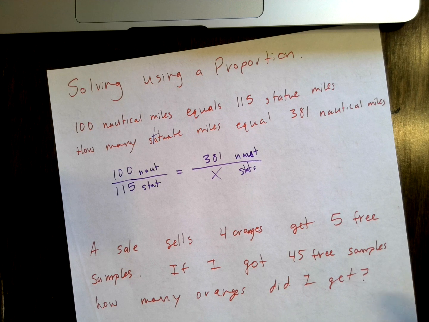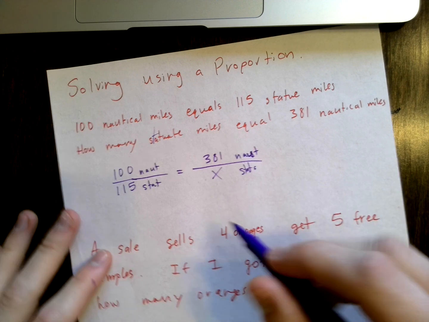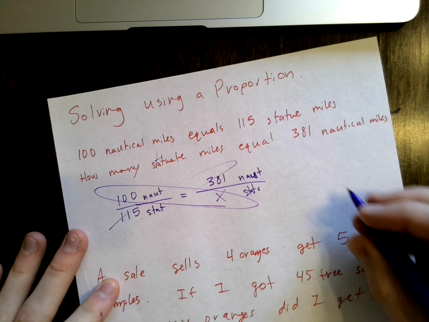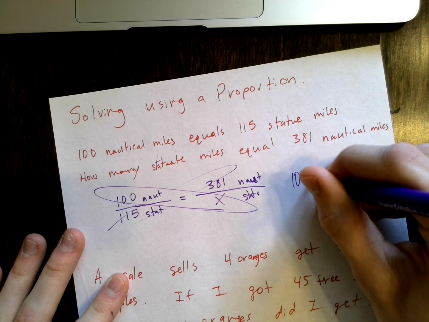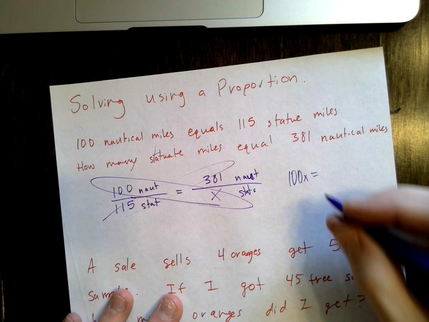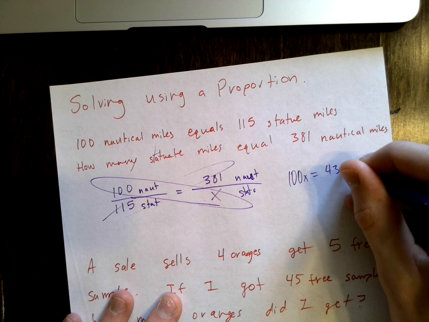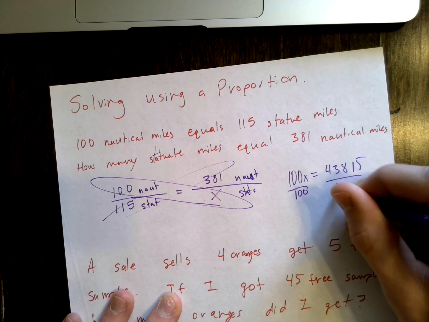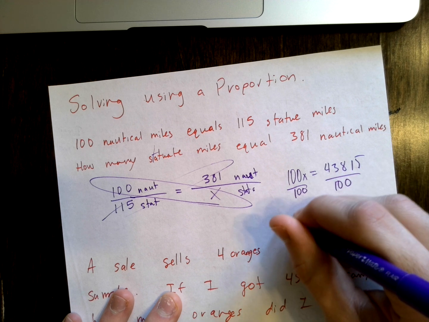So right now, what am I going to do to figure out how many statute miles that would be? I'm going to cross multiply. This is our chance to do that. We're going to have 100x on one side, and the other side we're going to have 381 times 115, and that would be a big old number. Finally, divide each side by 100, and I know that's just going to mean moving the decimal place twice.